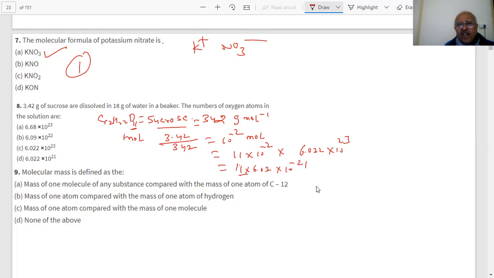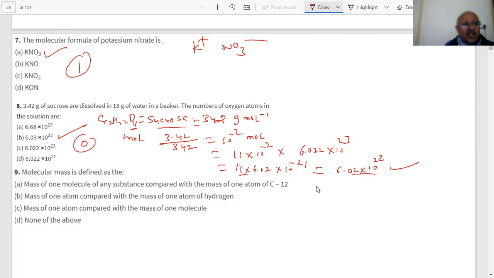If I take 10, this will become 10 power 22 and little 6.02, little more than that. So B should be the correct answer. Students, will come to around 6.09 into 10 power 22. This value 11, so multiply, this is more than 10, so 10 power 22 number will be there, students.